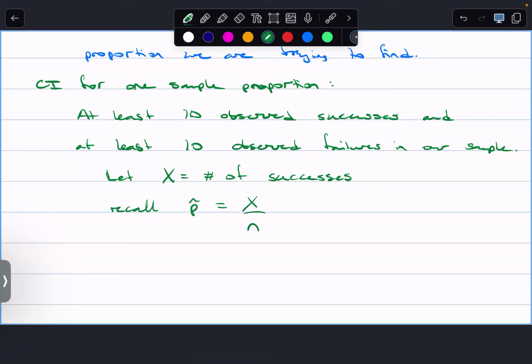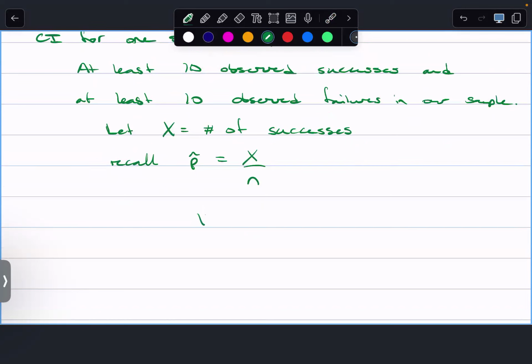The number of successes over your sample size. So if you want to have at least 10 observed successes, then X has to be greater than 10. Some problems give you 45 out of 50 respondents said this, but most of the time we'll have our p hat and we have to solve for X. And so X is N times p hat.